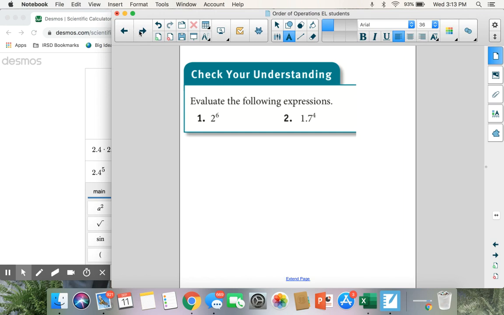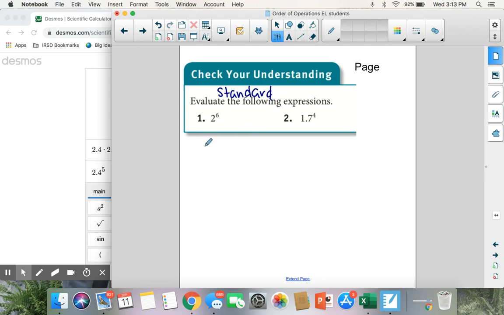Okay, now I want to jump ahead to page 42. On page 42, I just really want to make sure that we got this. It says evaluate the following expressions. What it's asking for is the number in standard form.